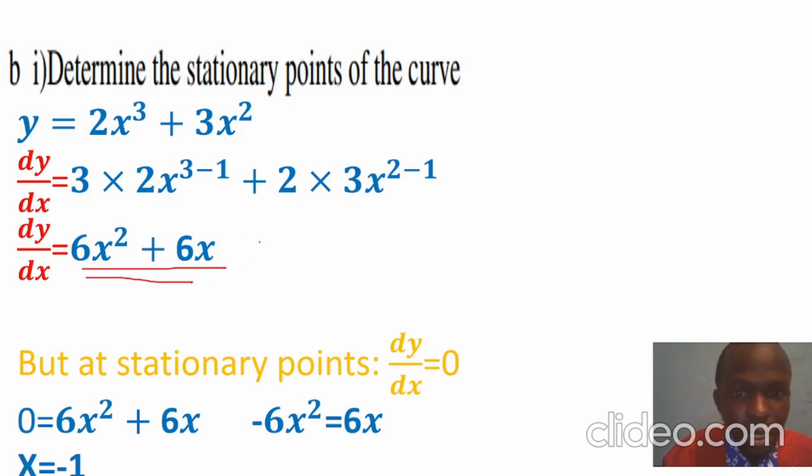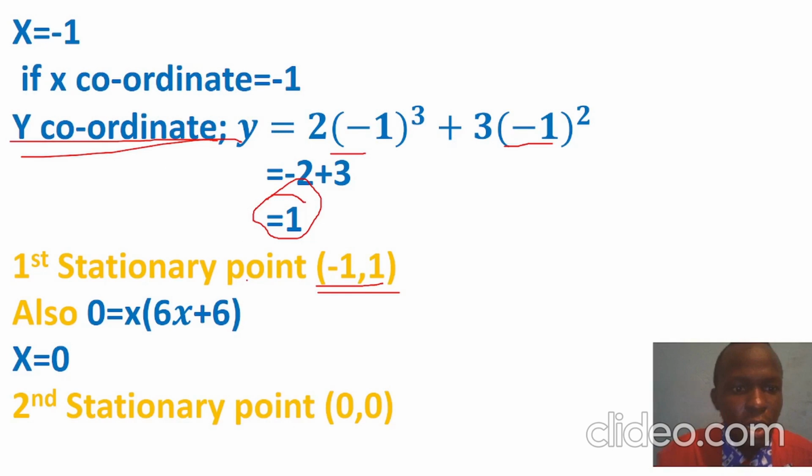Because it is equal to 0, 0 is equal to x, because x is common, and then we have 6x squared plus 6. Then we close the brackets. Now we can see that the value of x can also be equal to 0. So in other words, this curve has got two stationary points.